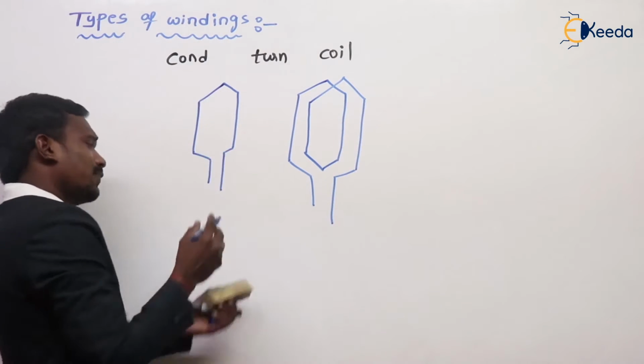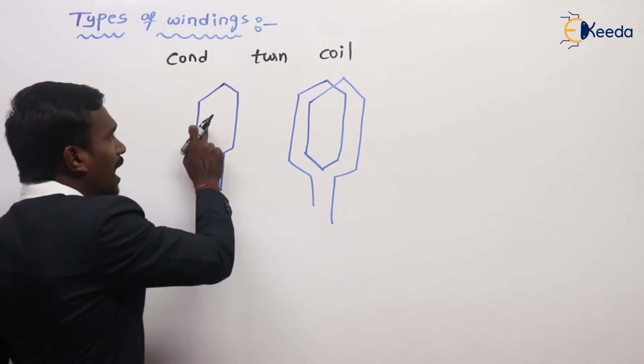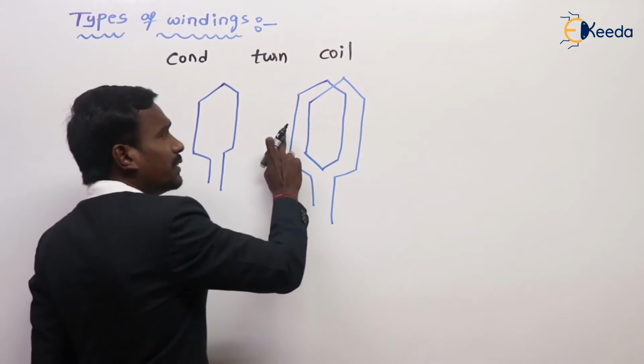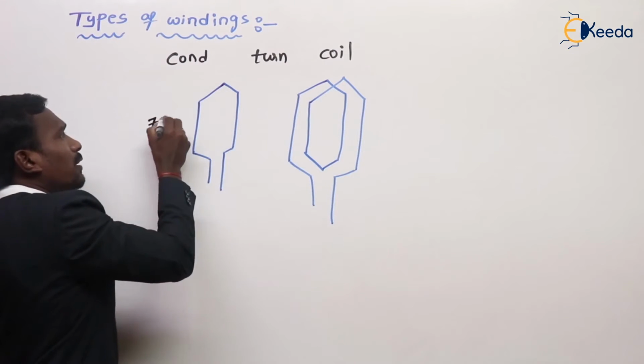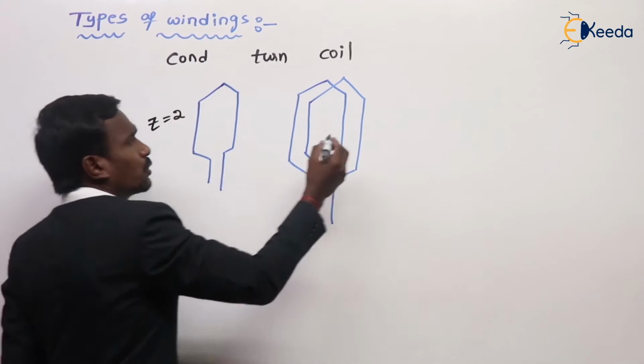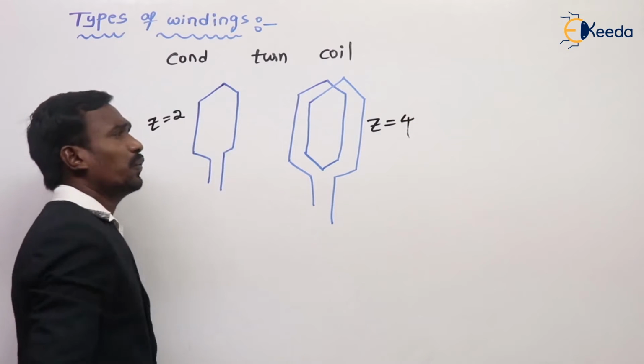In this figure, we have two conductors. In this figure, we have four conductors. Here, number of conductors is equal to 2, but here, number of conductors is equal to 4.